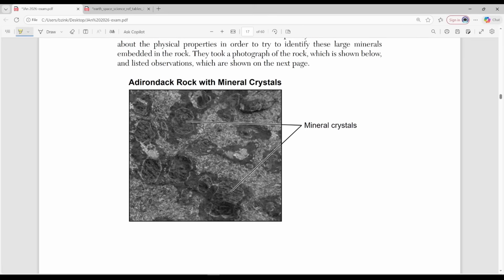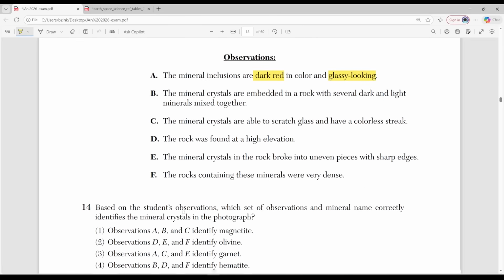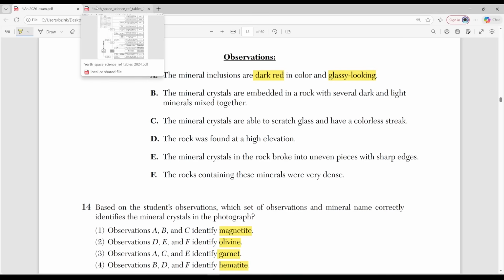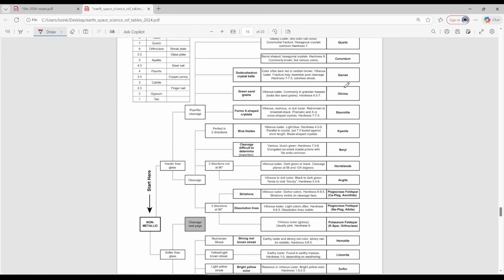Well, we can't go colors. So these are the, okay, so dark red and glassy looking. The trick here is that it's only one of these, right? So let's go magnetite, olivine, garnet, hematite, and we're going to look to see if any of those are dark red and glassy. So magnetite, olivine, garnet.